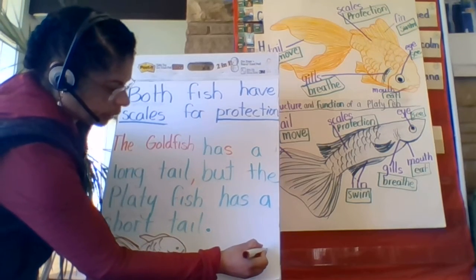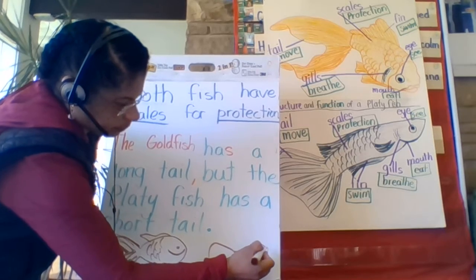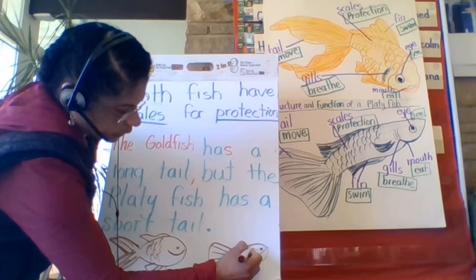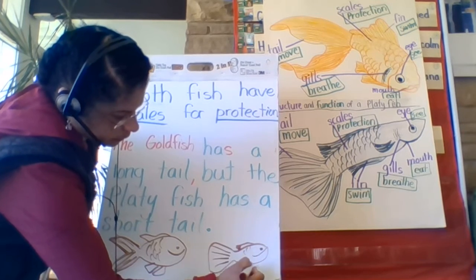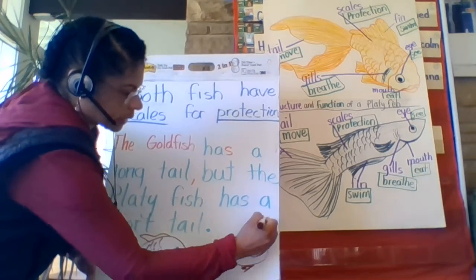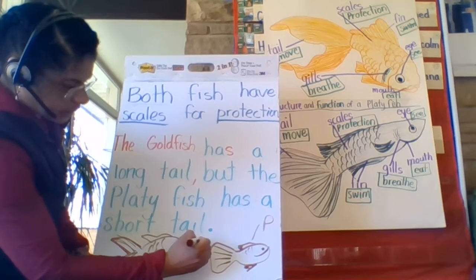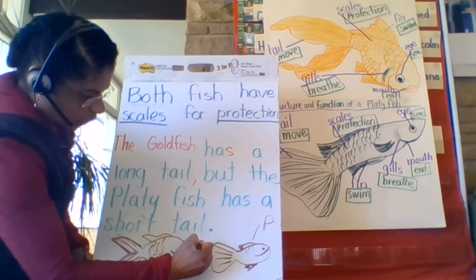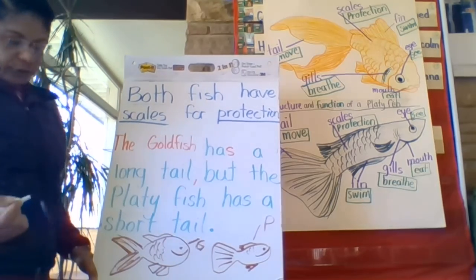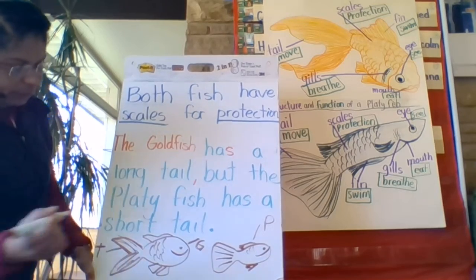And then here is my platyfish with a shorter, rounder tail. Okay, so this one is the platy, and this one is the goldfish. And since my writing was about their tail, I'm also going to label the tail.